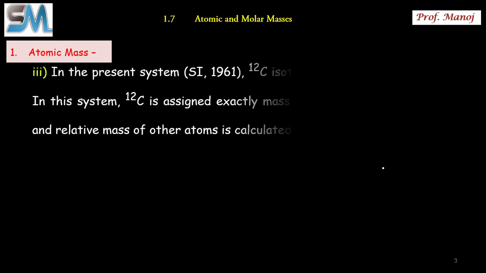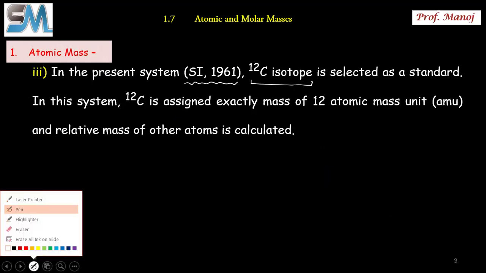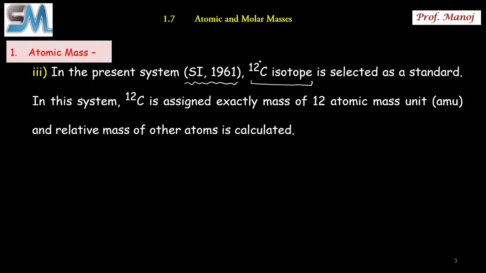As science progressed, they came to know that better than hydrogen, we can make use of another element. And when the SI system was established, they chose carbon 12 as an isotope. So now the standard considered is carbon 12 and not hydrogen.